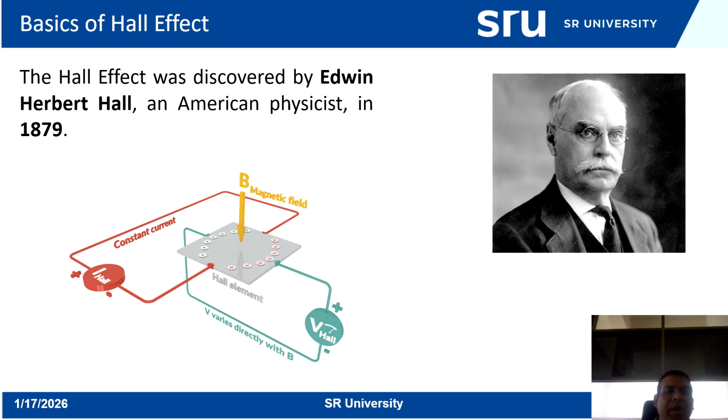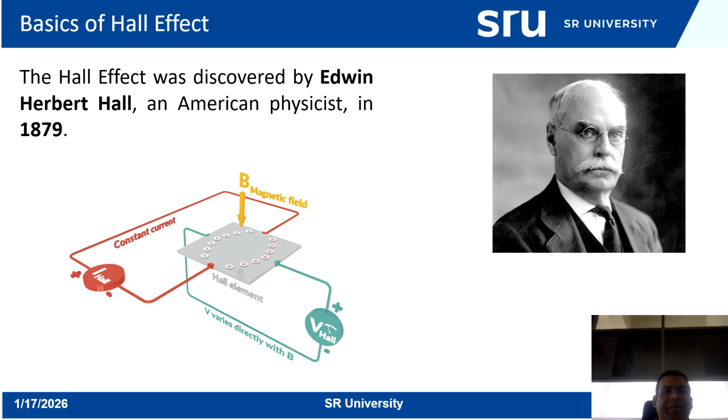The Hall effect has now become a core principle in sensor technology and metrology. It can be used for characterizing materials. The Hall effect phenomenon helps to determine the carrier concentration, that is, the number of electrons and holes.